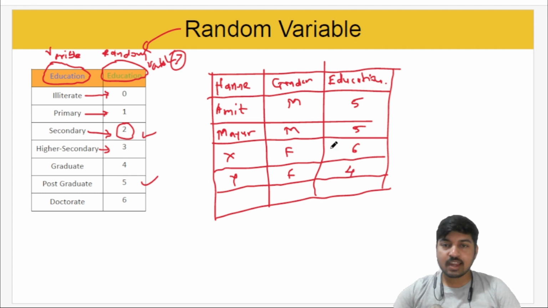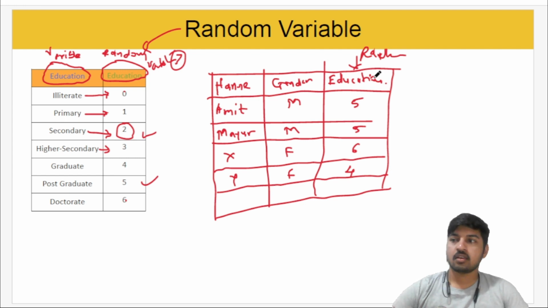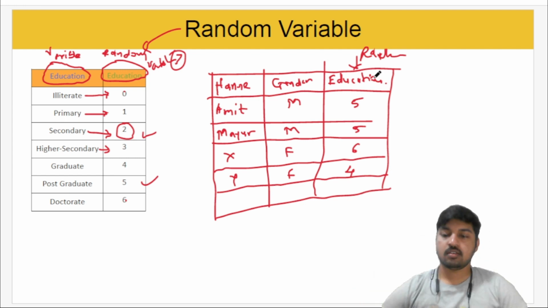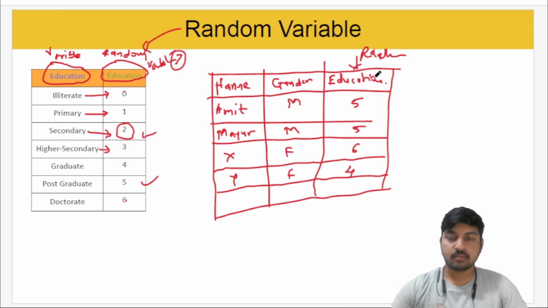So this is my real-time data. But in this education column, what can be the possible values? These possible values can be from 0 to 6. That's why this becomes my random variable. Clear, Amit? Yes, Bhaiya.